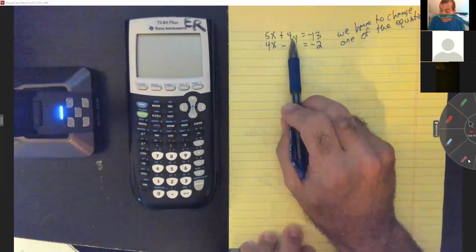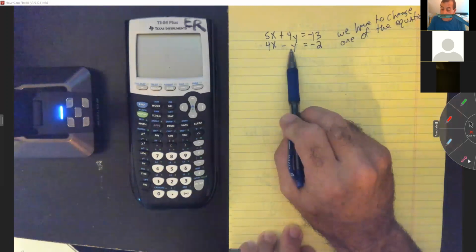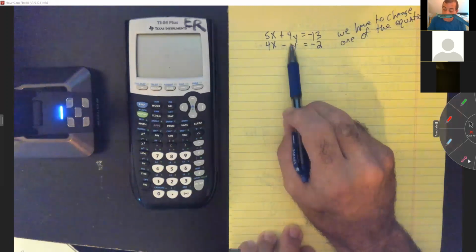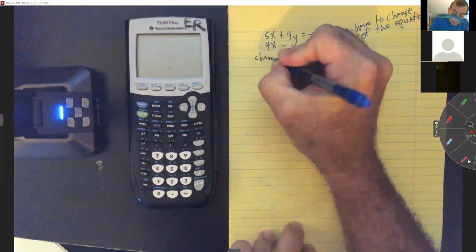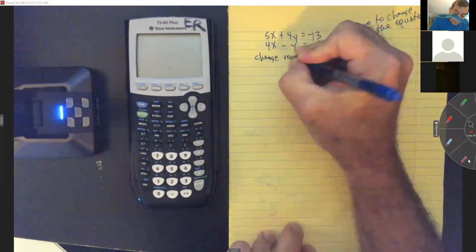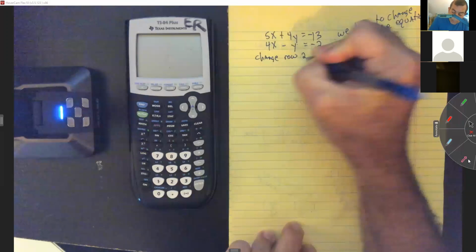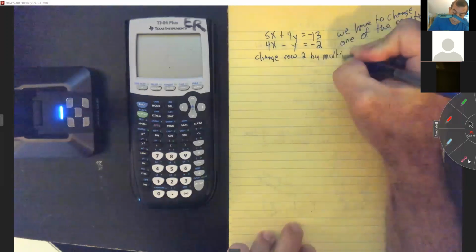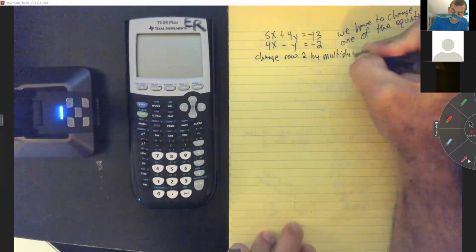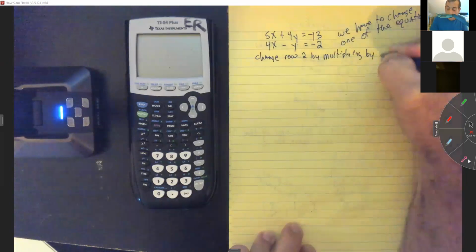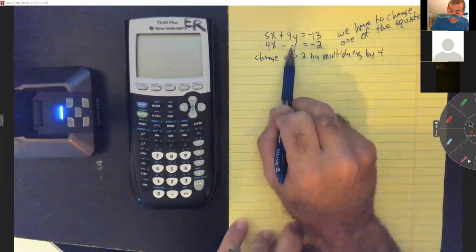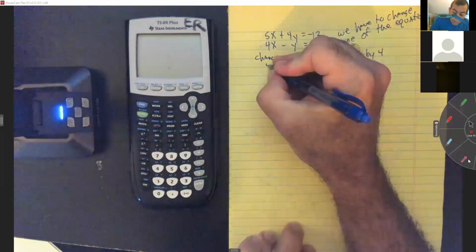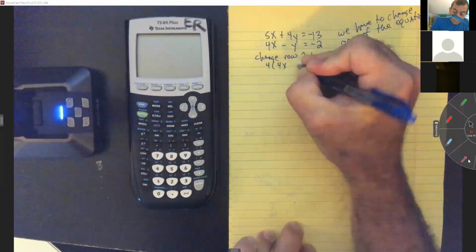If I can make a negative 4y here, when I add them, they'll cancel. So we're going to change row 2 by multiplying by 4. If I multiply negative 1y by 4, that'll make that a negative 4y.